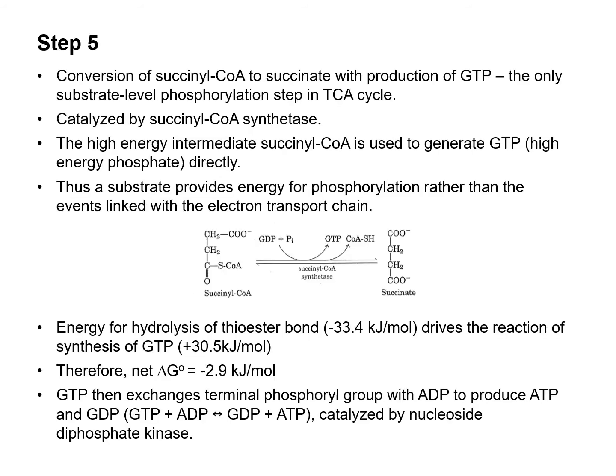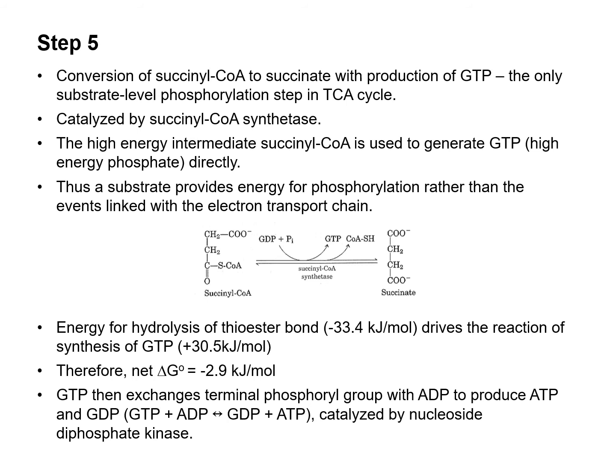In step 5, there is a conversion of succinyl-CoA to succinate with the production of GTP, and this is the only substrate-level phosphorylation step in the TCA cycle. This reaction is catalyzed by succinyl-CoA synthetase, and the high-energy intermediate succinyl-CoA is used to generate the GTP directly, and this GTP is also a high-energy phosphate.